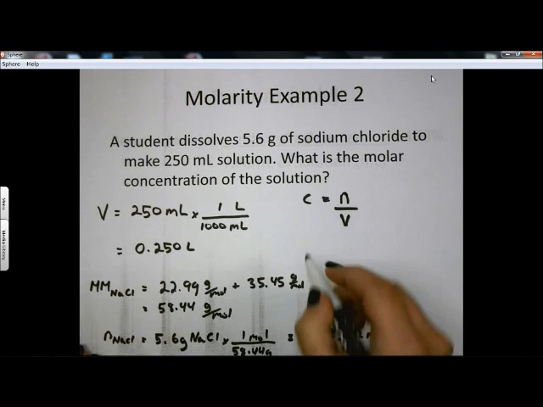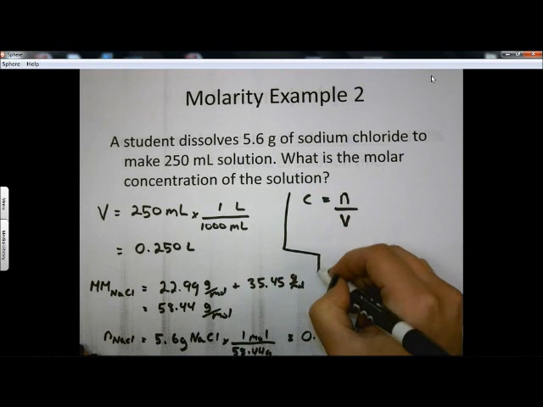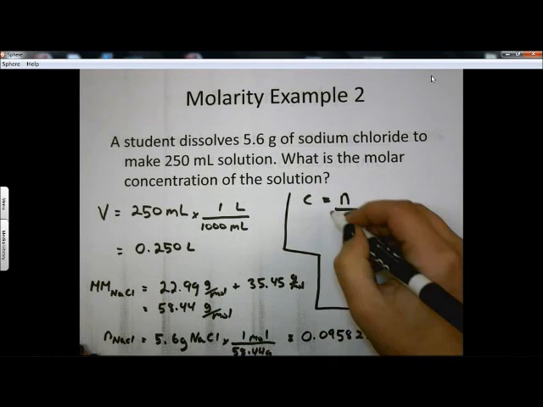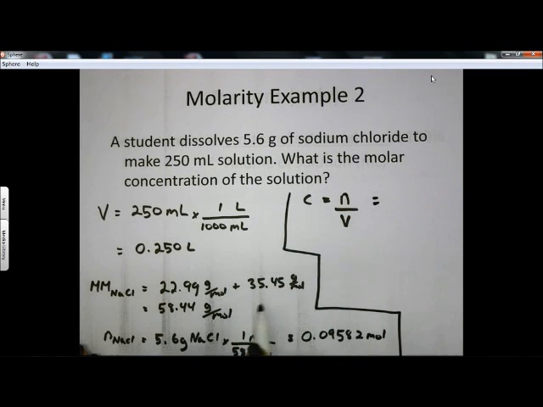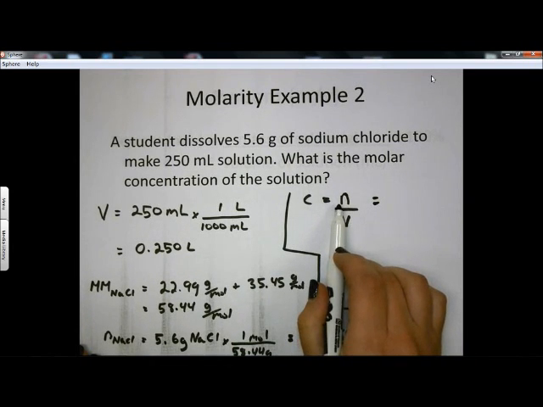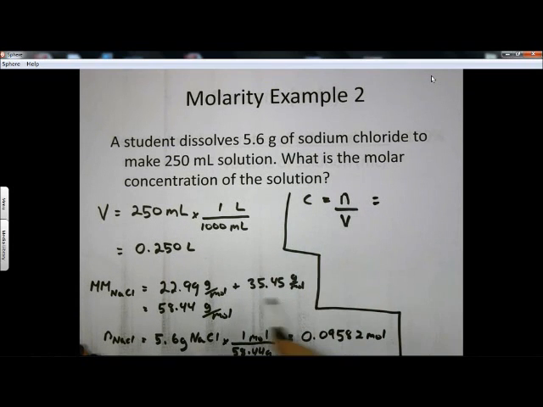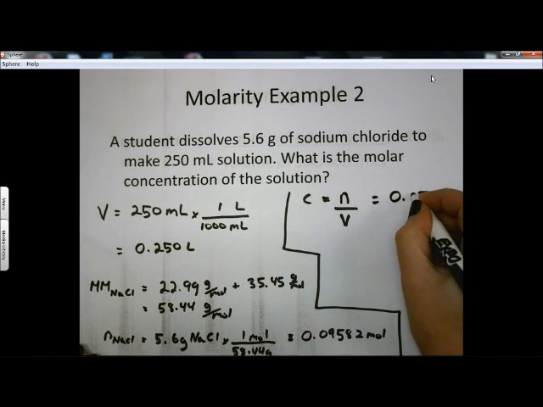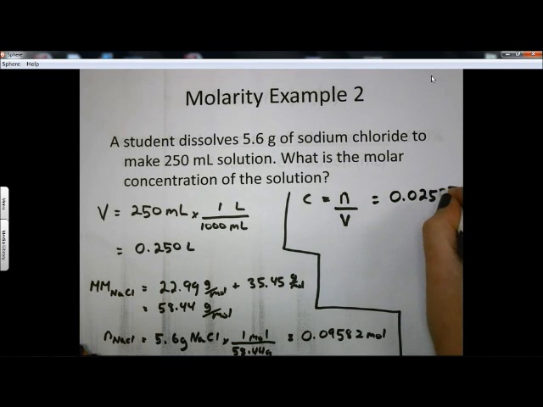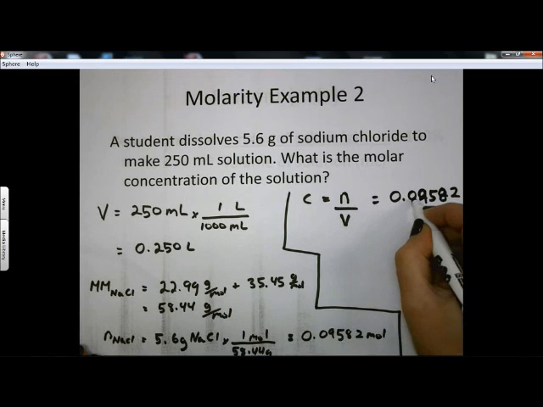So now that I've done this, I can put these numbers into my molar concentration formula. n is my number of moles, 0.09582.